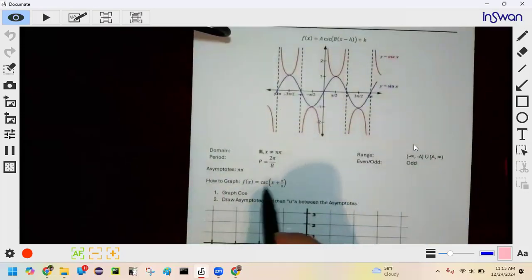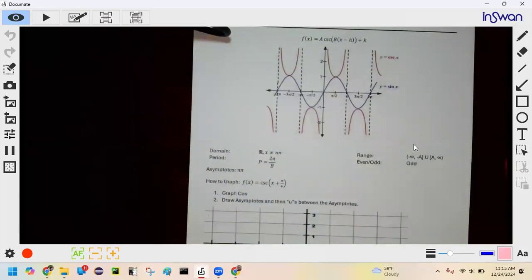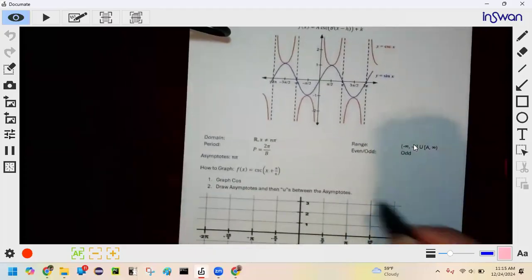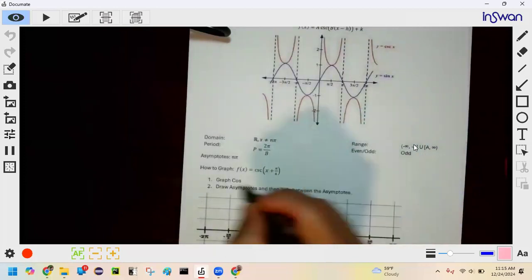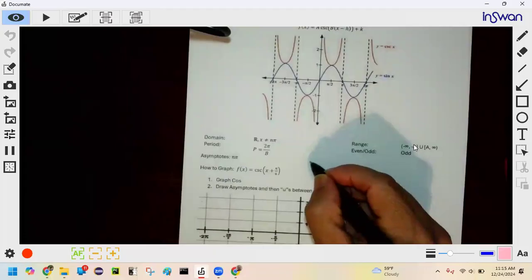So to graph cosecant of x plus pi over 4, we're going to draw the sine graph, and then we're going to draw the asymptotes, then put the U's between the asymptotes. So let's deal with the sine graph first. Let's go and label our parts. Here you've got A. A is 1.